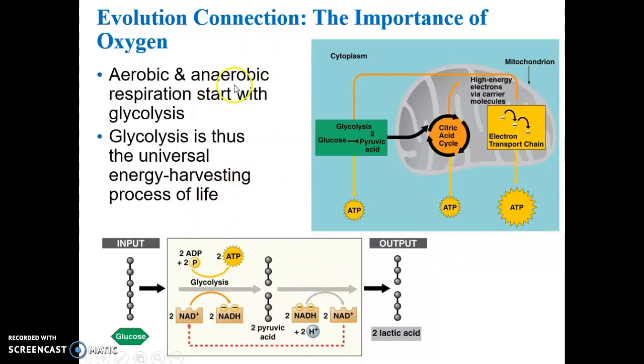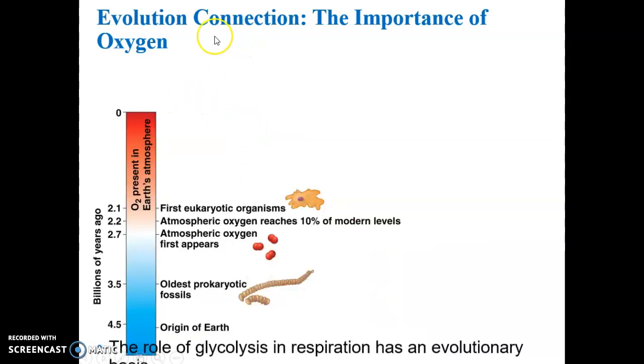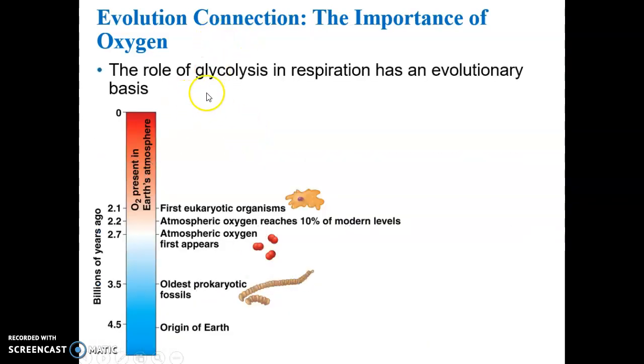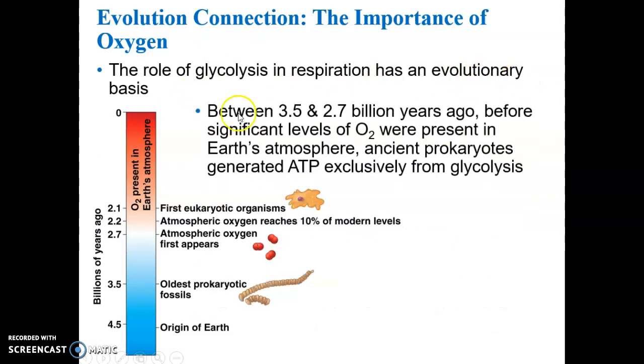However, without oxygen, simple-celled things like bacteria and archaea can survive fine via anaerobic respiration, where oxygen is not required at all because they only need a little bit of ATP, enough to supply their single cellular needs. So the role of glycolysis in respiration has an evolutionary basis, right?